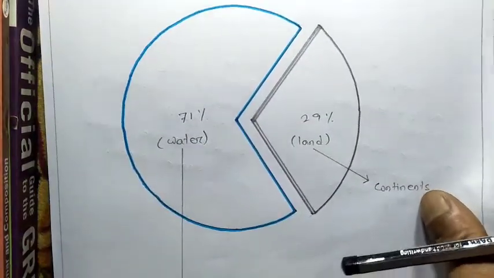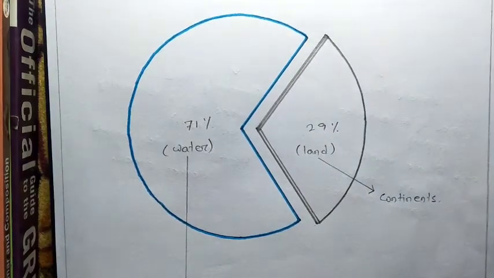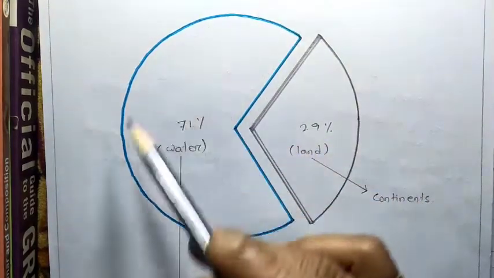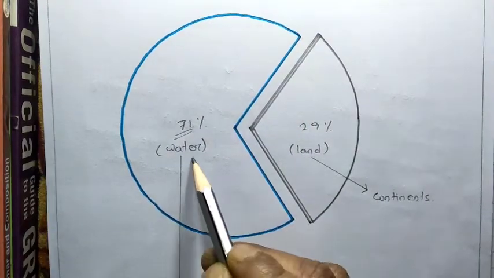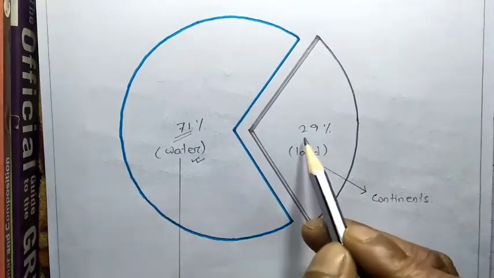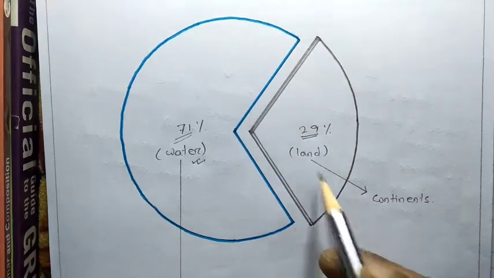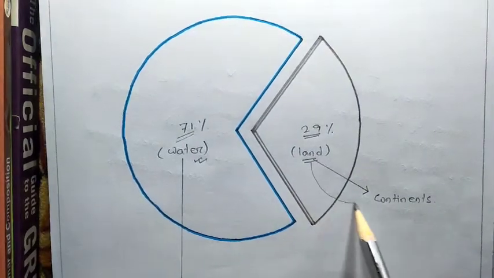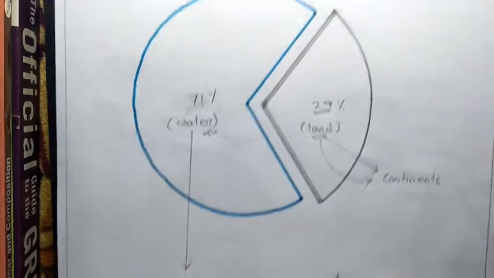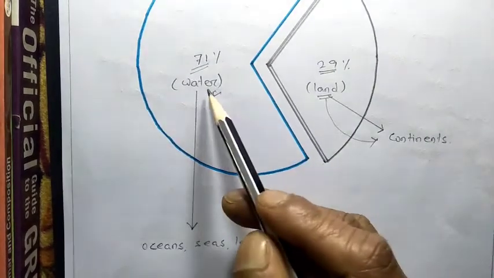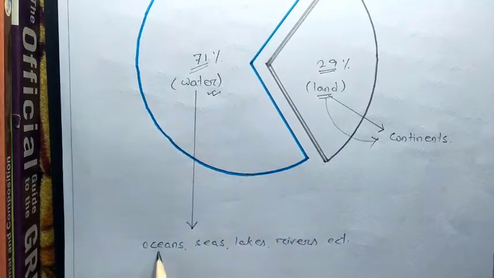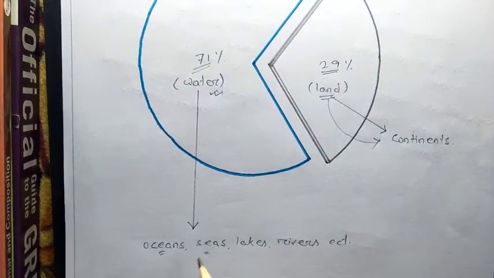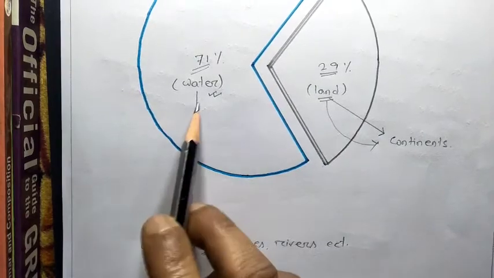As I've already told you, if we consider this as the earth, 71% of the earth is covered by water and only 29% is covered by land. Land consists of all the continents. Whenever the word water comes, mainly we think about the oceans or the seas because they are the largest reservoirs of water.